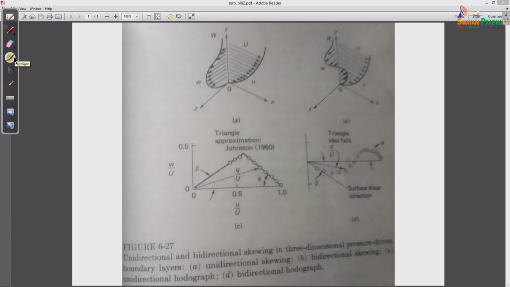Let's say this is the plane that I'm looking at. If I look at just that plane, what you see in there is the velocity profile. This is your x-axis and this is your y-axis.